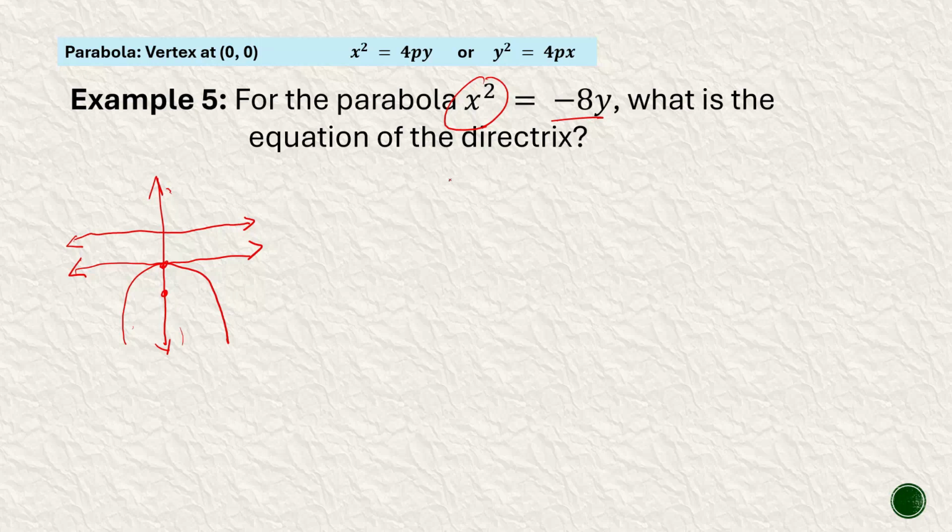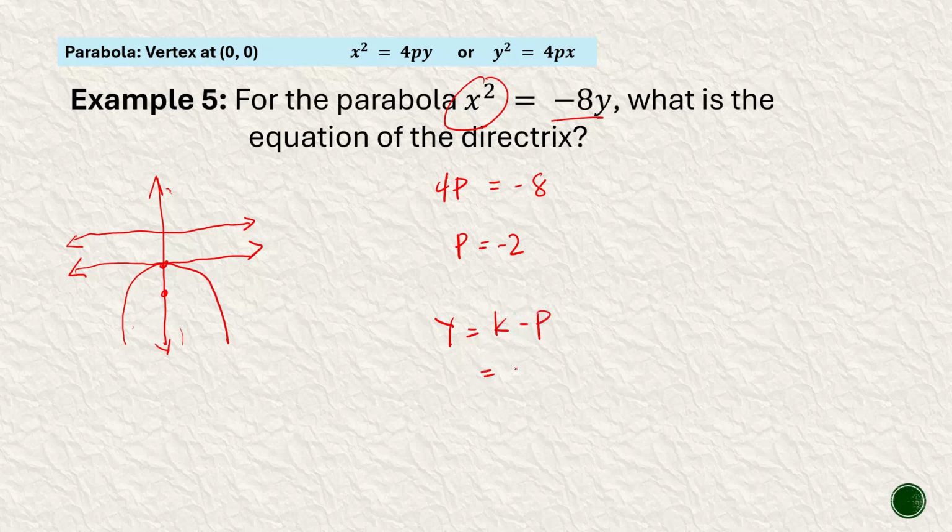To find the p, we will do 4p equals negative 8, the numerical coefficient of y. So p equals negative 8 divided by 4, which is negative 2. And then the formula for the directrix, generally speaking, if it opens upward or downward, is y equals k minus p.